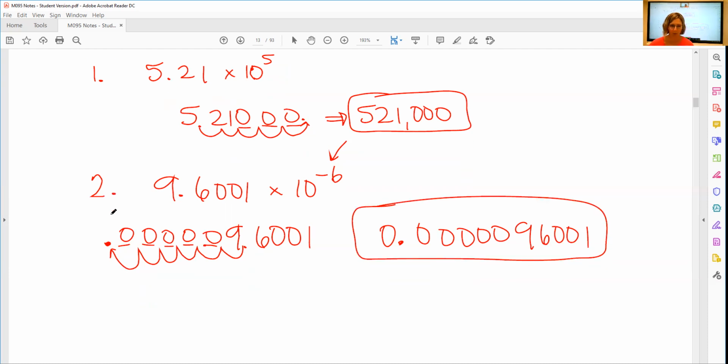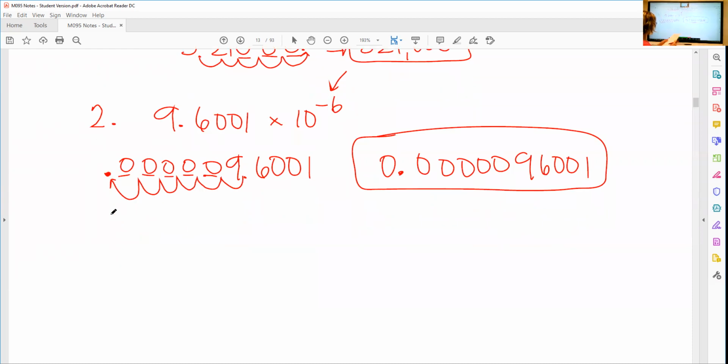And then one more for you. If we have negative 1.01 times 10 to the negative 4th, again, leave yourself some space to the left. I'm just going to forget my negative for a second.